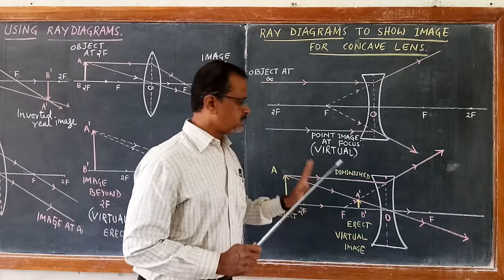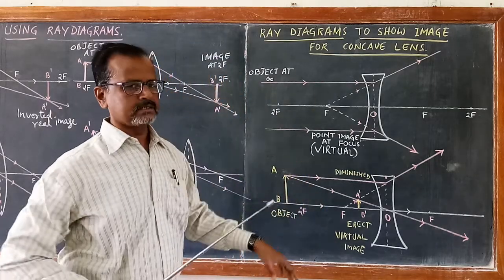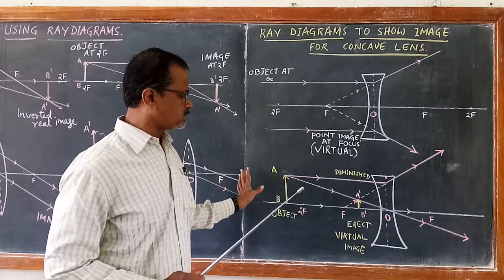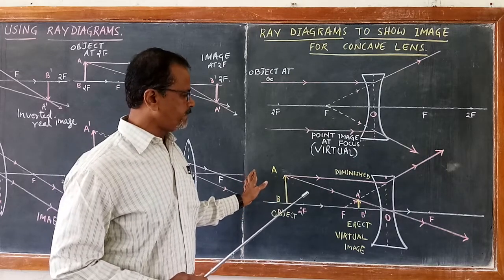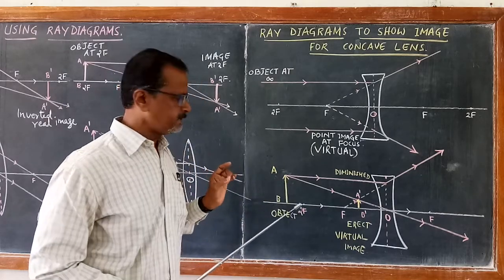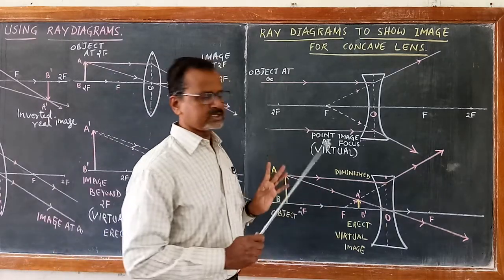So please draw these diagrams and practice. Even if you keep the object at any other point, the image will be diminished. This is what you will see for a concave lens.